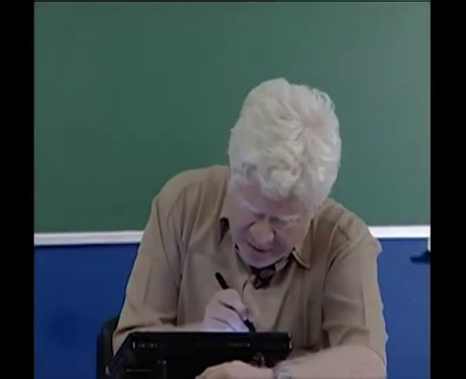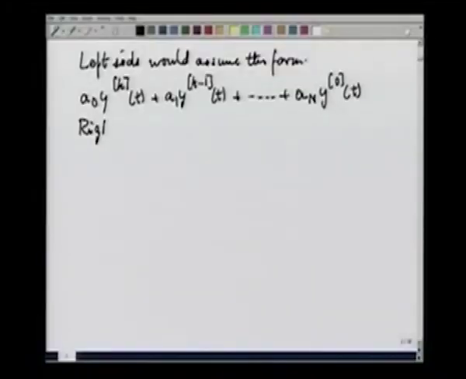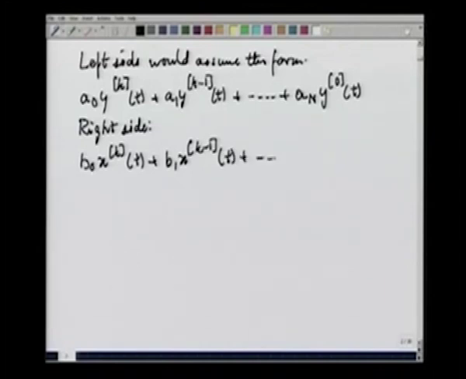Similarly, on the right side, you would get b0 xk(t) plus b1 x(k-1)(t) plus so on up to bn x0(t), where the last term again is just equal to x(t).